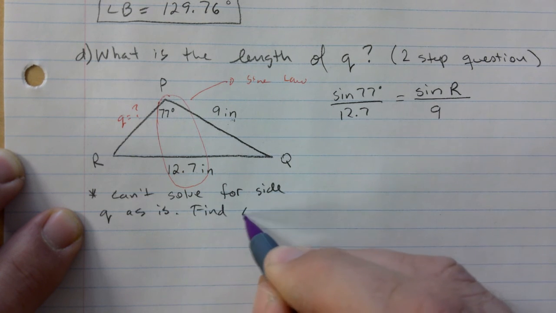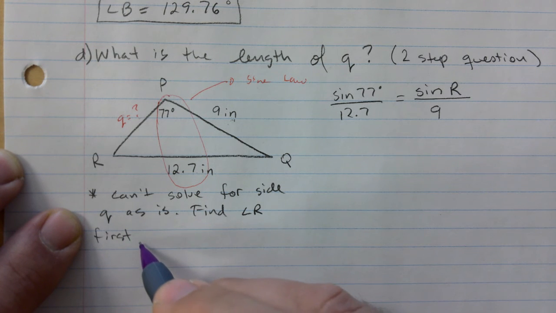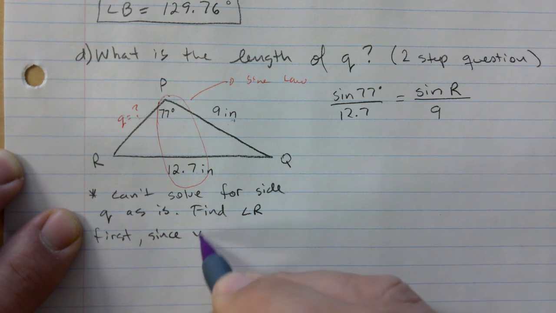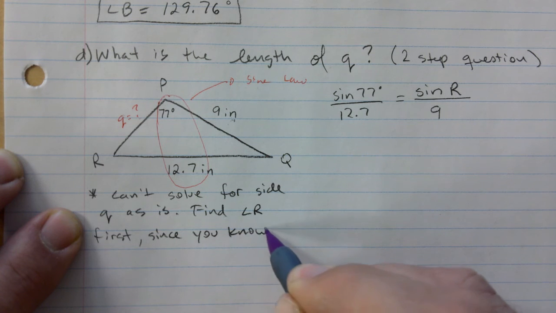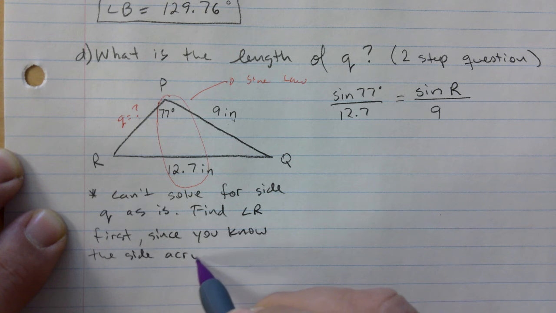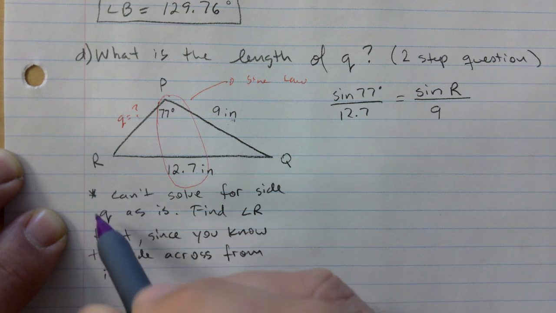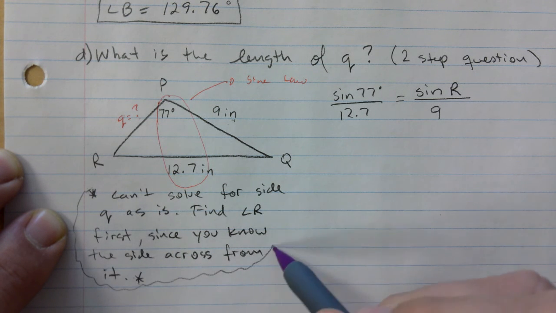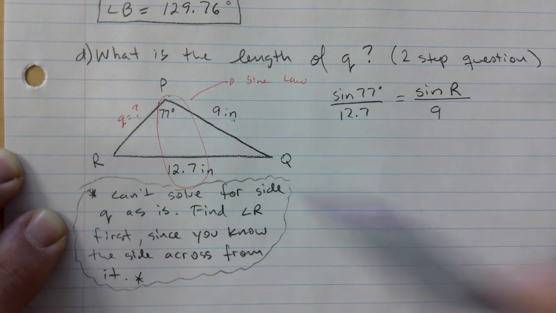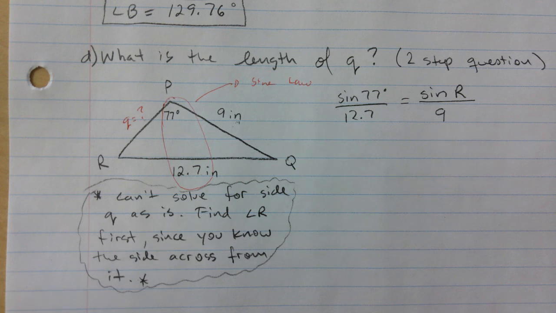Find angle R first, since you know the side across from it. Okay, so you have to be investigating, right? Like, what can I do, right?